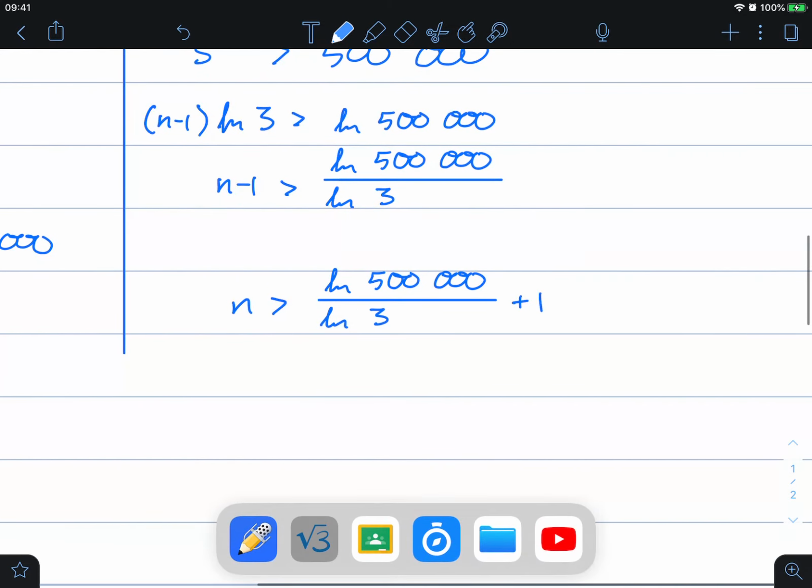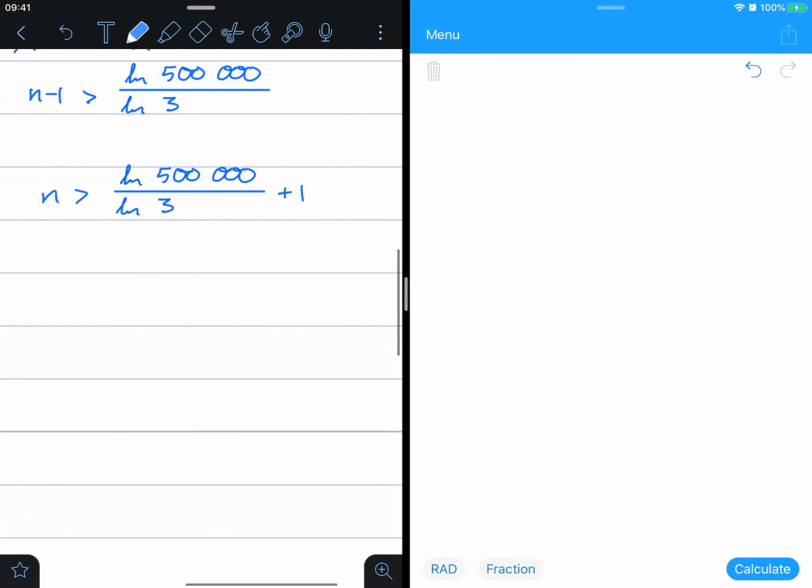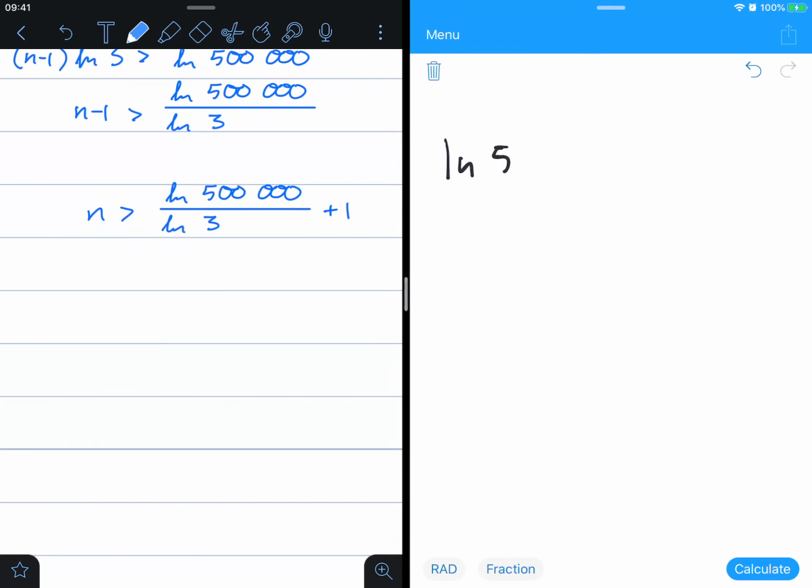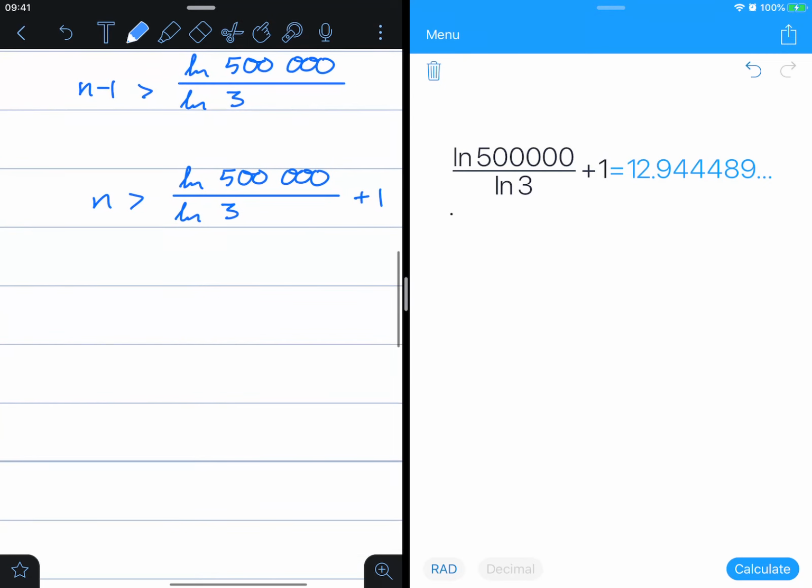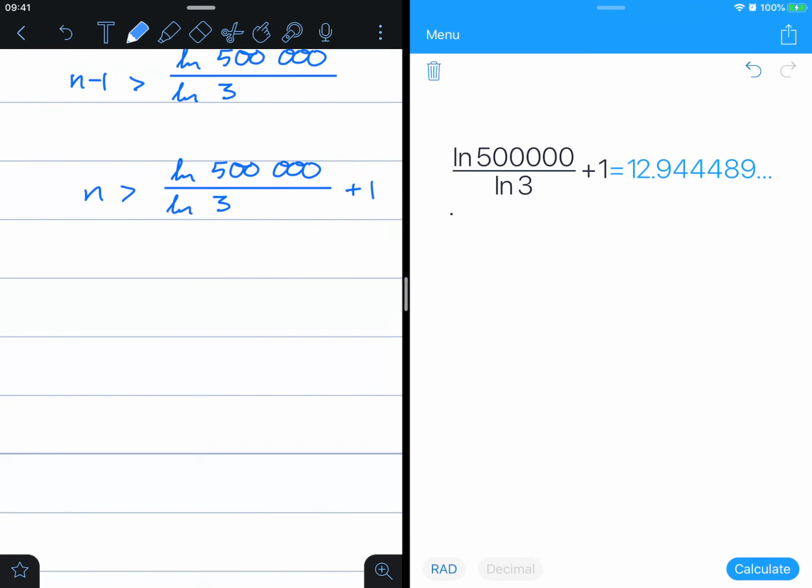Let's see what we get. ln 500,000 all over ln of 3 plus 1. There we go. We get n is greater than 12.9, etc.